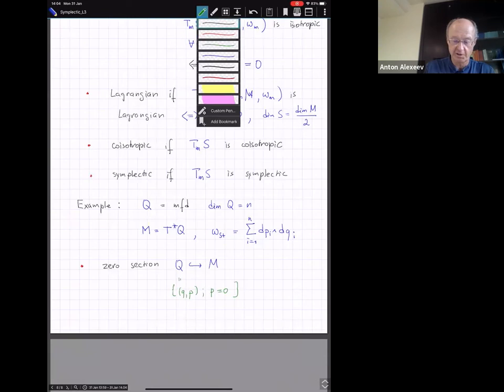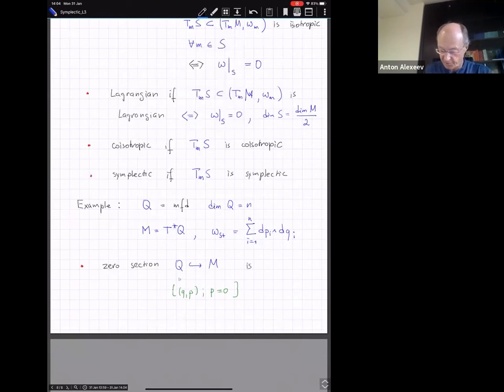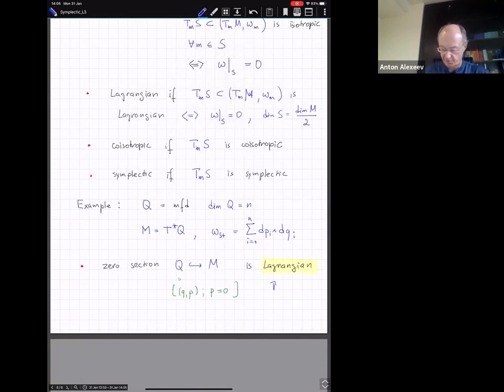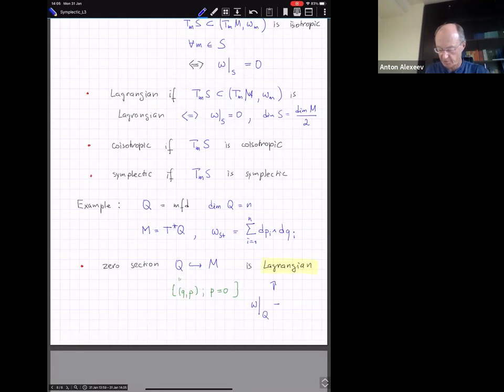And it is obviously Lagrangian. Why is that? Well, the dimension is equal to half of the dimension of M. And if you put p equal 0, omega clearly vanishes. So this follows from omega restricted to Q being equal to 0.